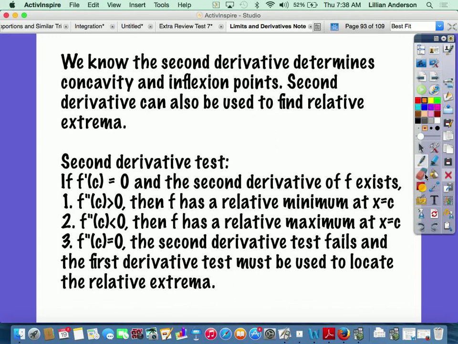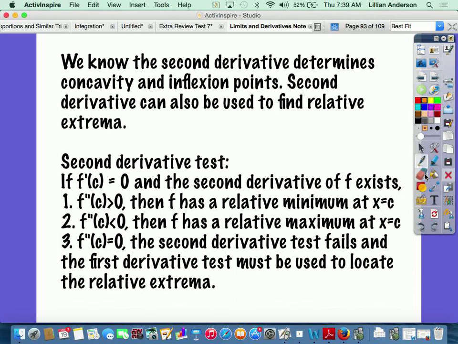If the second derivative at c is greater than 0, then f has a relative minimum at x equals c. If the second derivative at c is less than 0, then f has a relative maximum at x equals c.